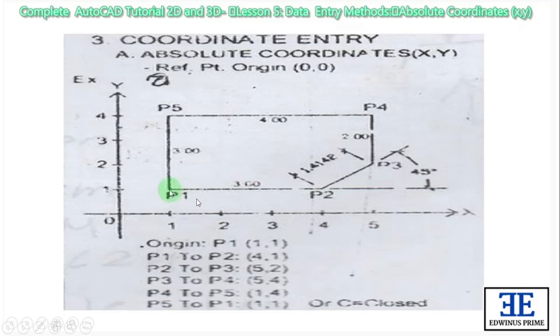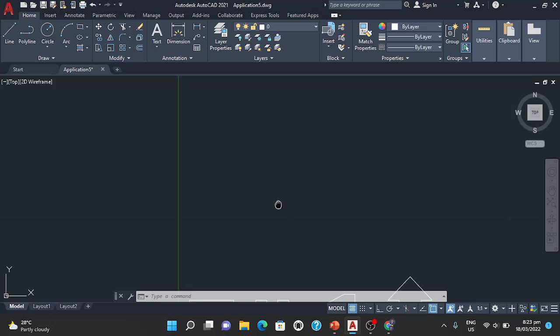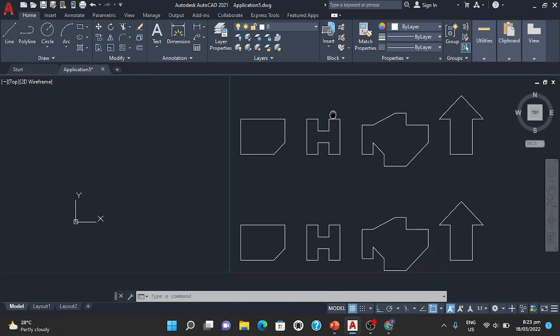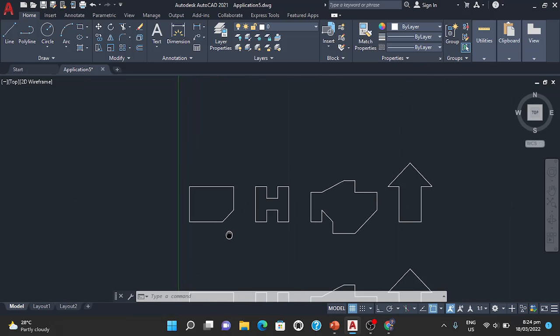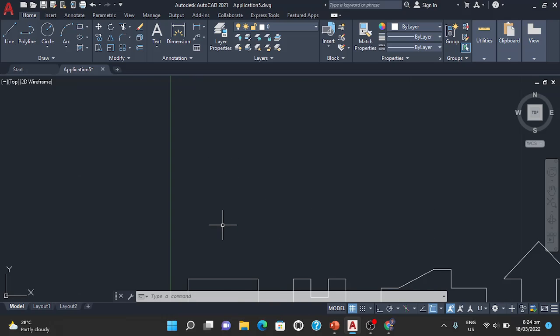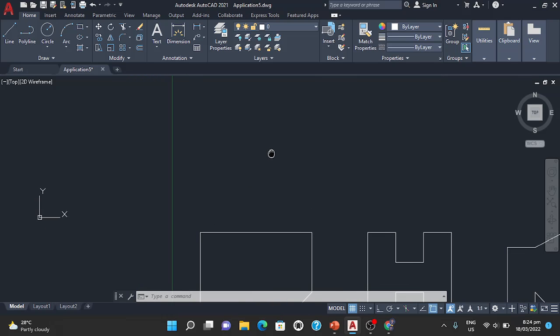For point 1 and point 2, we have a distance or length of 3. We have the previous drawings from video 5 and video 6. For this video, let's create a line in this area.